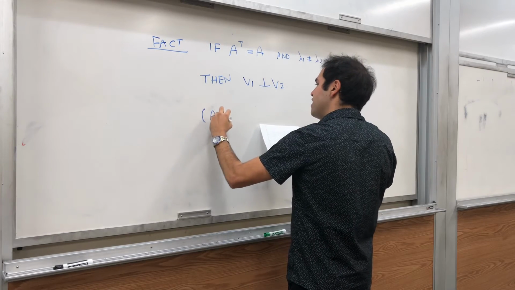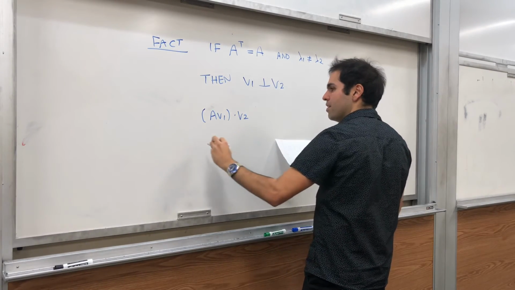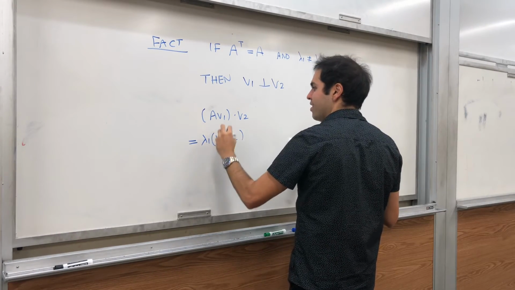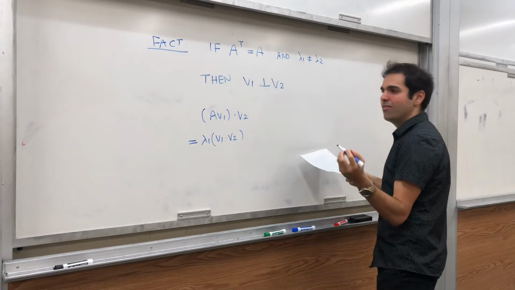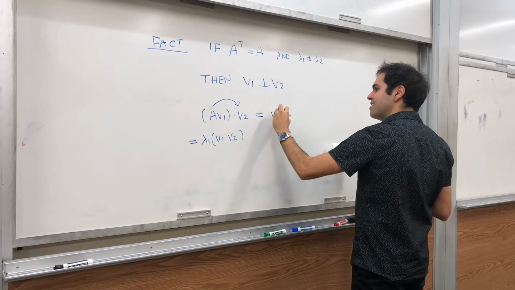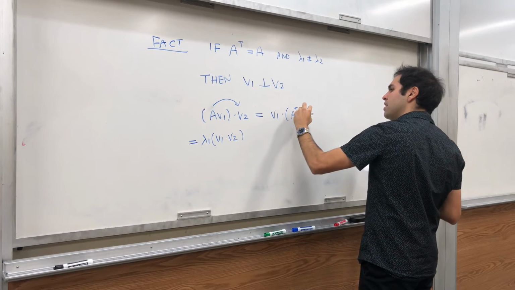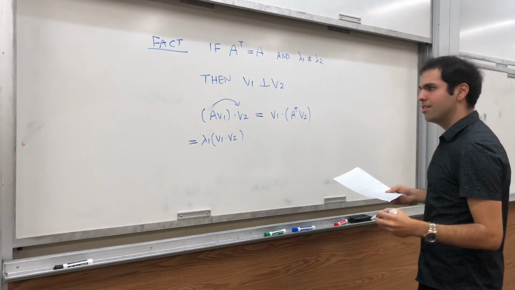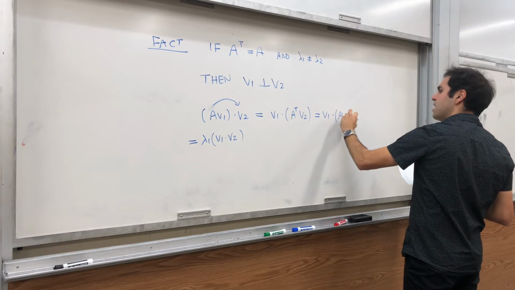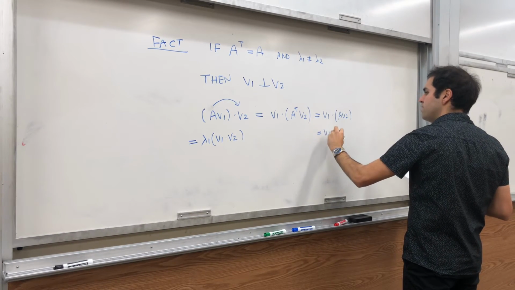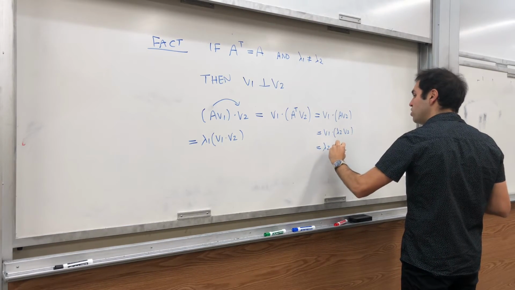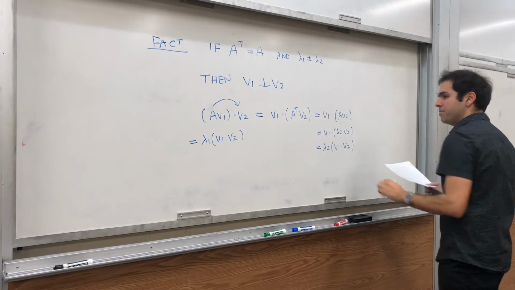And the reason for this is kind of neat. So consider AV1 dotted with V2. On the one hand, it's lambda 1 V1 dotted with V2, because AV1 is lambda 1 V1. On the other hand, there's this property of dot products that says this is just V1 times A transpose V2. But A is symmetric, so this is just V1 times A V2. And that's just V1 dotted with lambda 2 V2, and that's lambda 2 V1 dotted with V2.